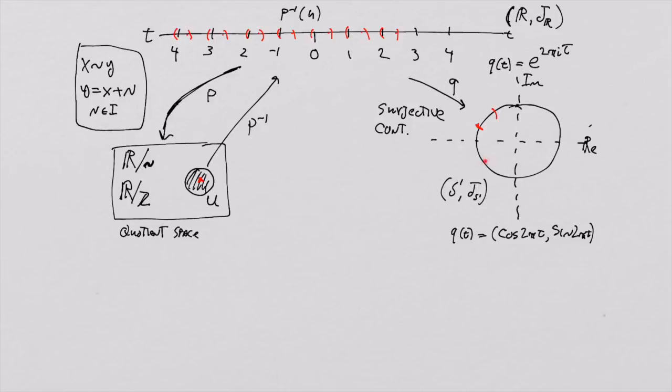In fact, for every open set in S1, if I took this and took the union with another little open set over here, I would just add those in up here, and that would still be open in R. So this open set is the preimage of this set here, and sure enough, this is open and that is open. Therefore, the preimage of an open set in S1 is open in R.